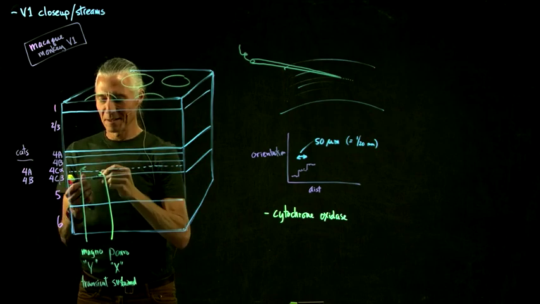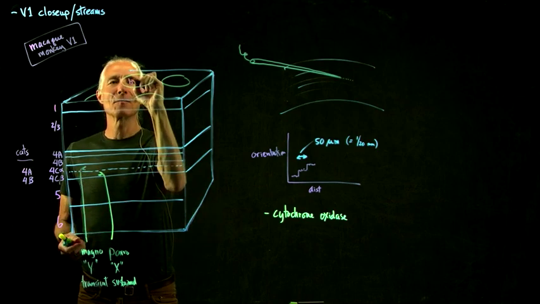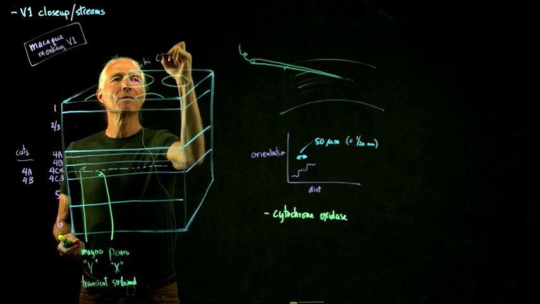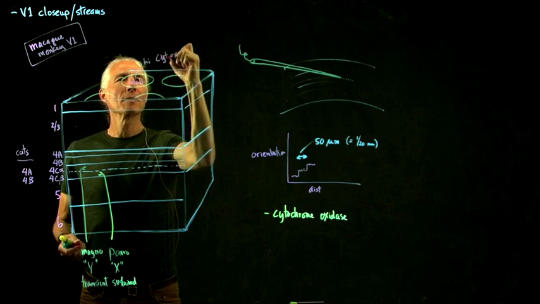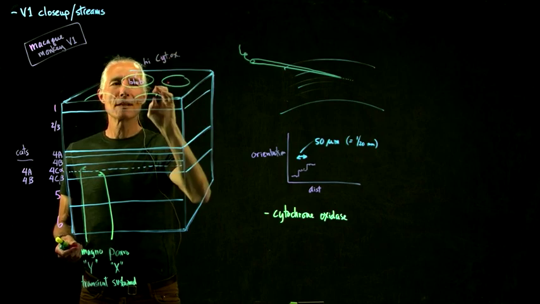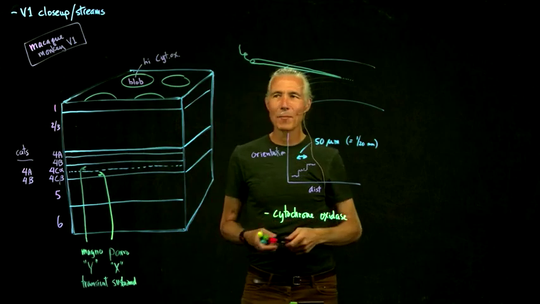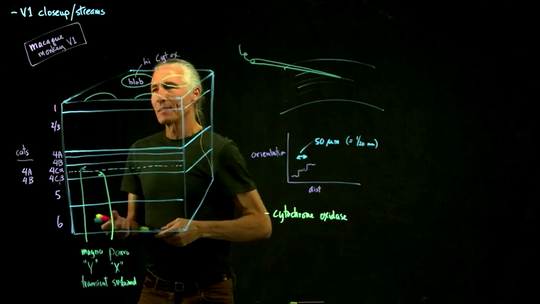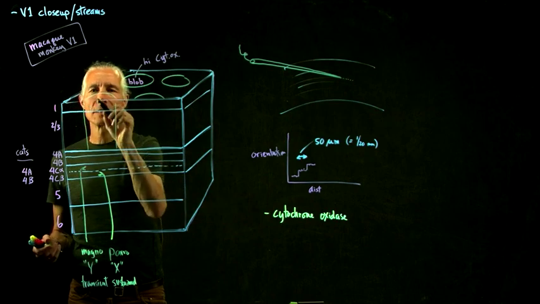So here, this guy is a blob or a patch, a cytochrome oxidase patch. So high cytochrome oxidase. It doesn't mean there's no cytochrome oxidase in between. There's plenty of cytochrome oxidase. Every cell has cytochrome oxidase in your entire body. So it's just higher there. So these blobs extended down to layer 4, like that.